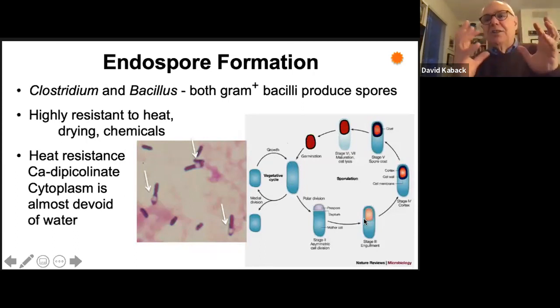Instead of having a cell divide, it forms a new cell inside the old cell with a plasma membrane and then a cell wall around that. We're still inside the old cell wall.